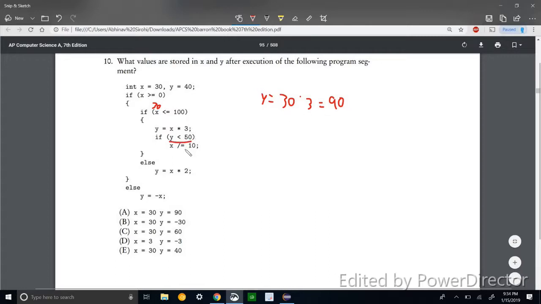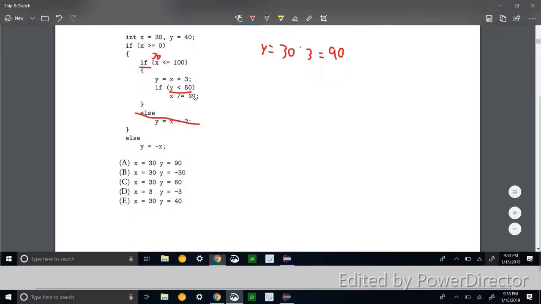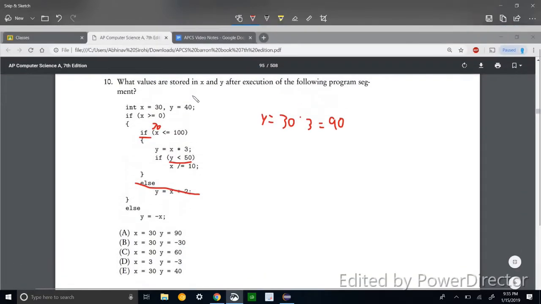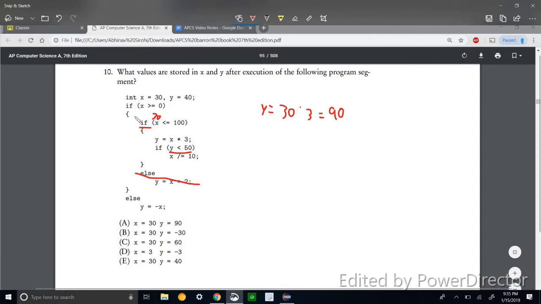And because we already entered this if statement, it completely skips this else statement, and from there the program stops, and you get X equals 30 because X was not changed through the whole process, and Y equals 90. So the answer to this question is A.